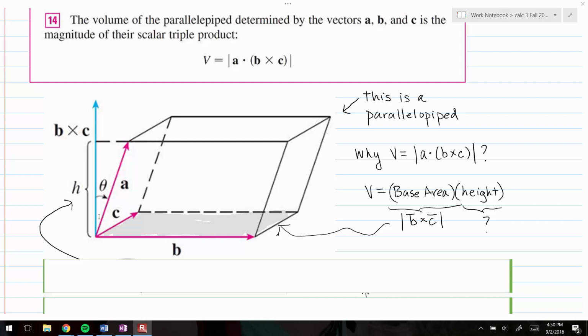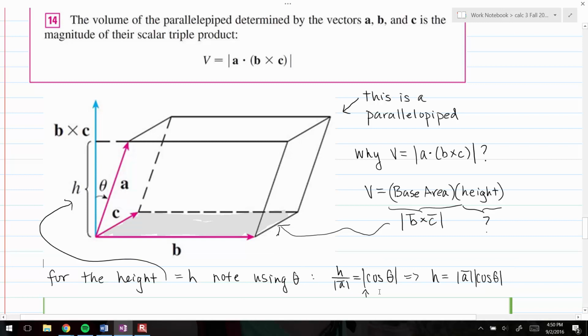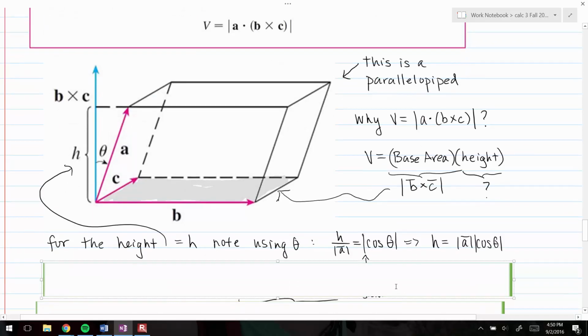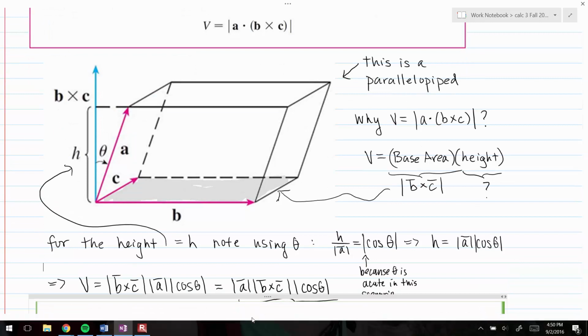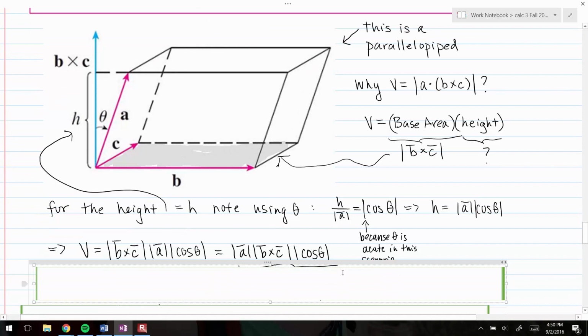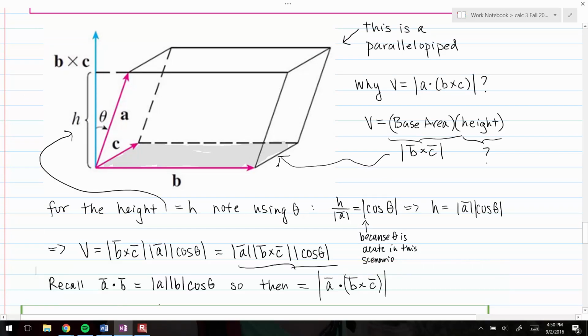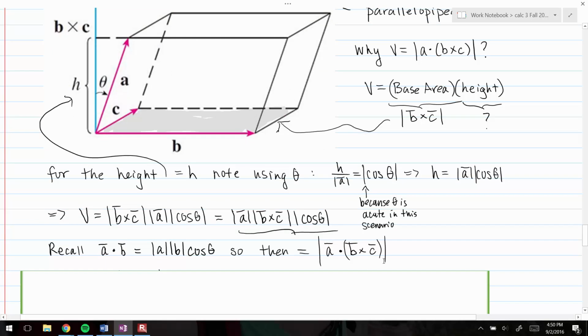The height of this, again using some trigonometry, we can do the right angle trigonometry with cosine, and then plug that in, and we get a little formula, including that dot product formula that has a similar looking formulation. Then we can write this as the triple product.